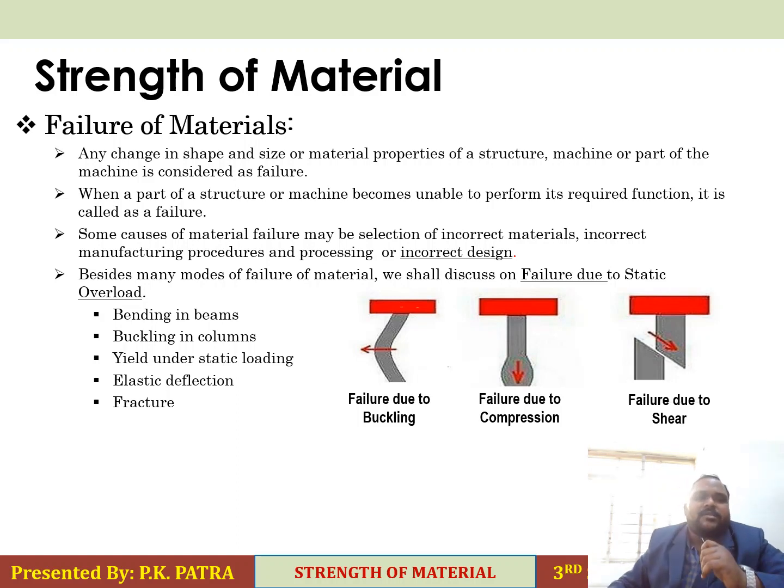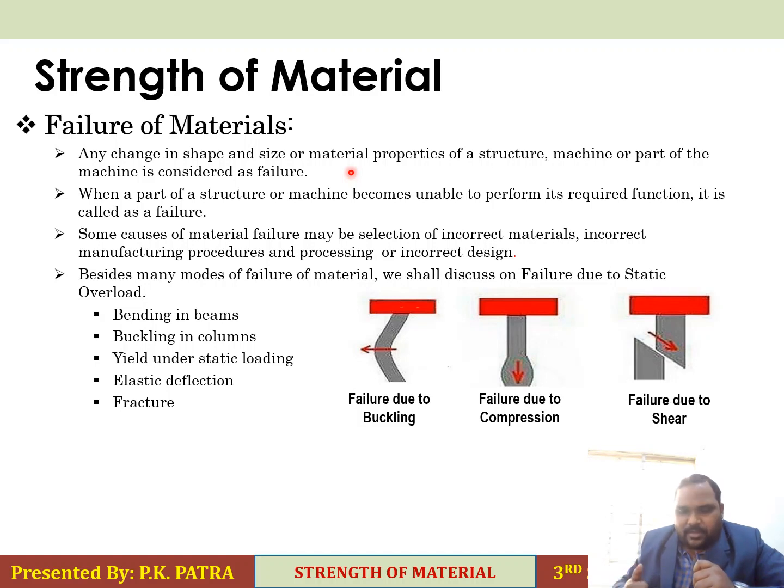So the first point is any change in shape and size of the material. Suppose I am putting here any change in shape and size of the material properties of a structure, machine or part is considered as a failure. So when we are taking a material for the product design, product development, yes.